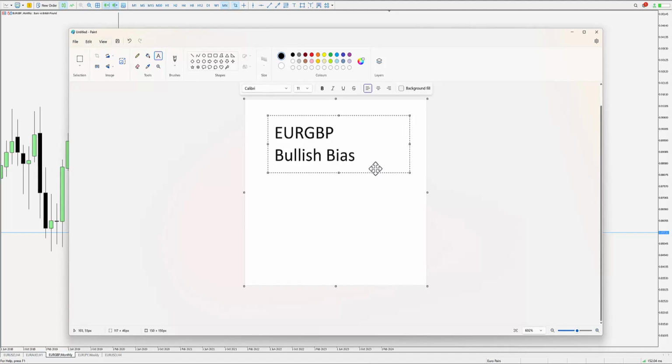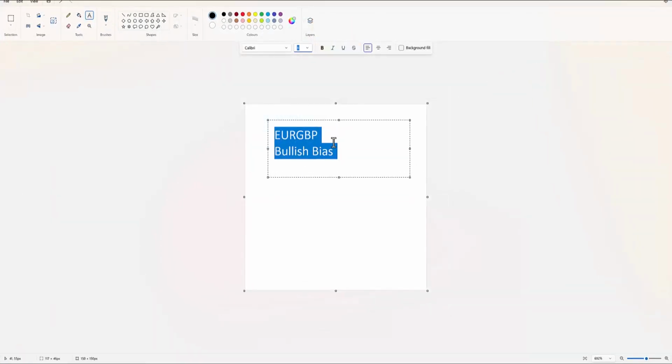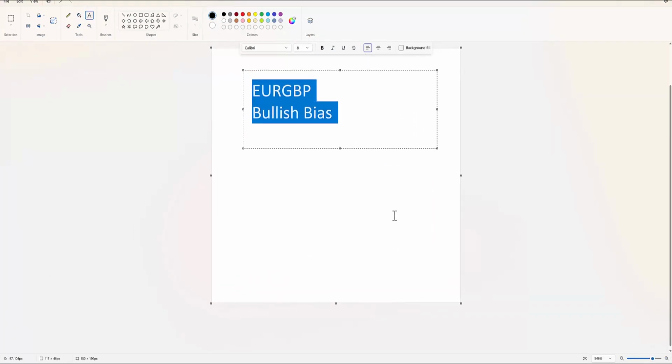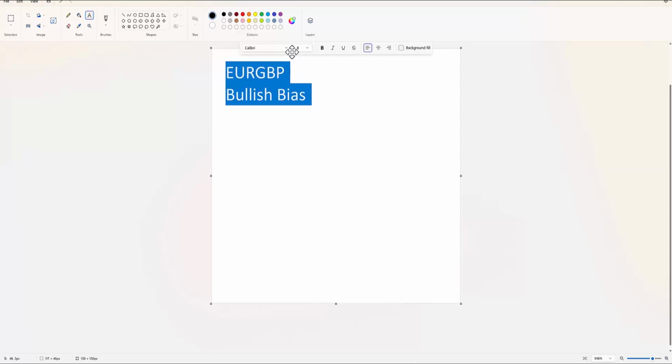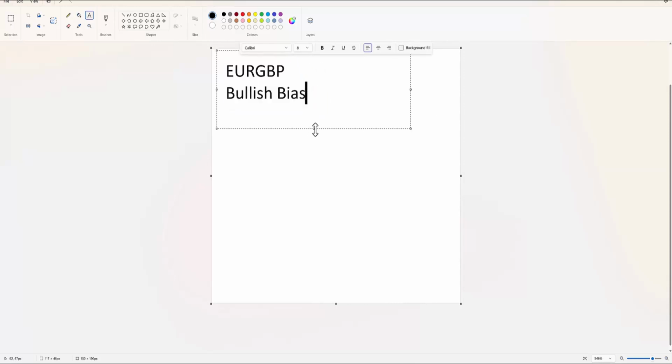Okay, let me just reduce this a bit so that everything can fit. Let's maximize there. Let's also maximize here, right? Because you might need to write this down.